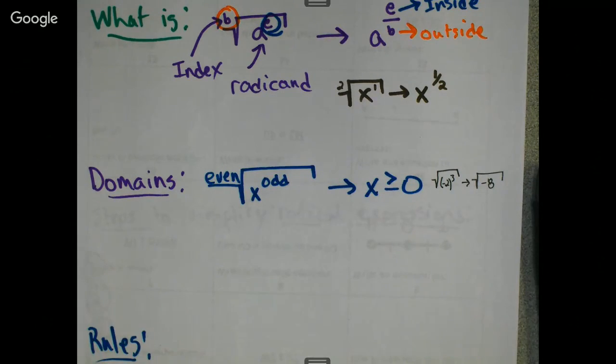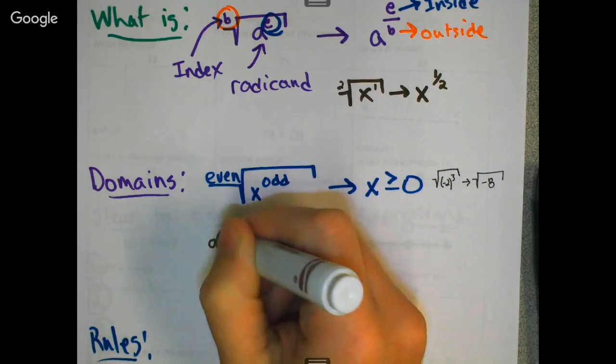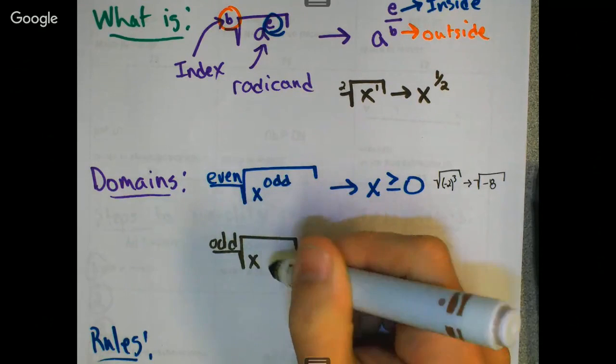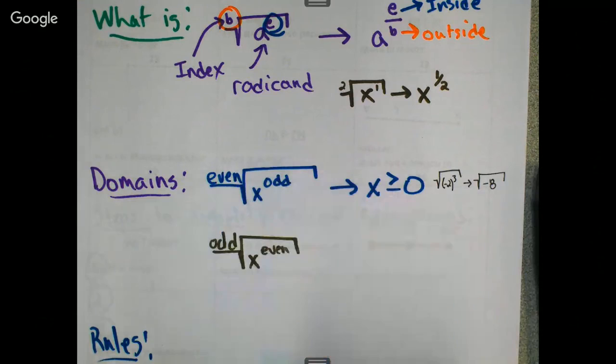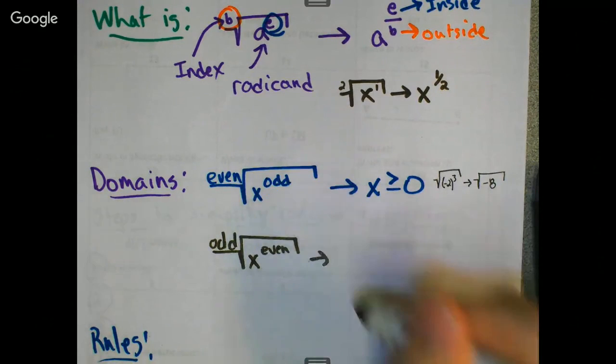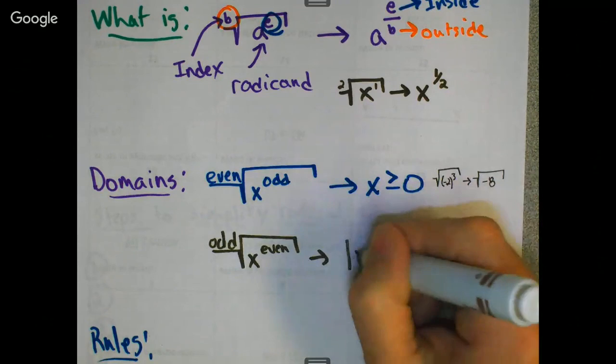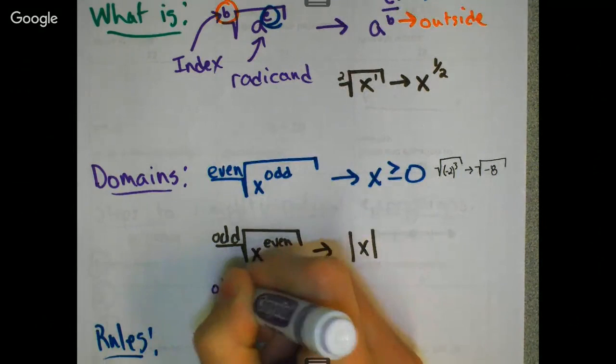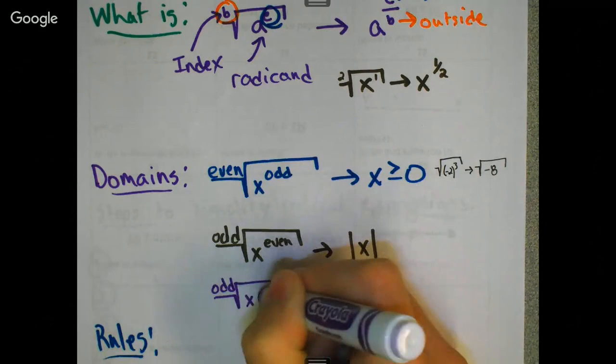The next one would be an odd index and x to an even power. In this case, we want the absolute value of x when you're simplifying, because under the radical it has to be a positive number. Then we have an odd radical with x to the odd.